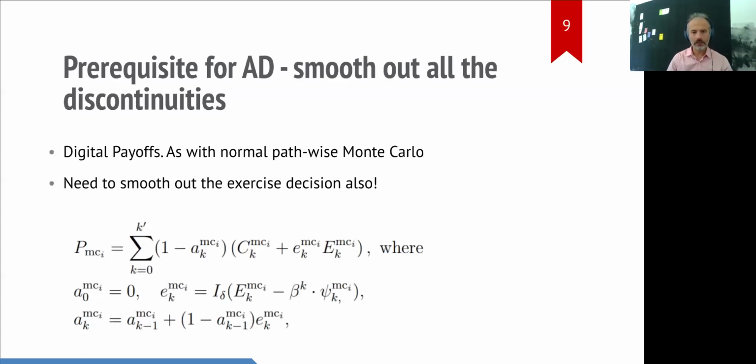So what it gives us is a way to propagate adjoints to regression weights, and here you can see them as beta k. Without that, if you use a binary exercise decision, you simply cannot allocate any adjoints to your exercise strategy and hence to your regression.